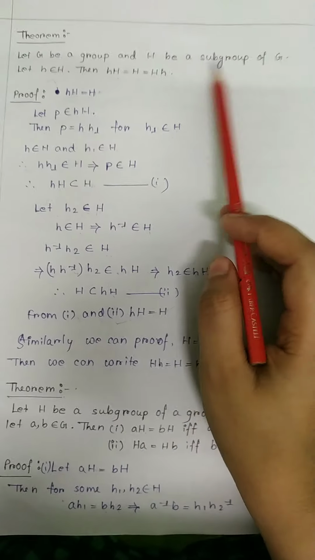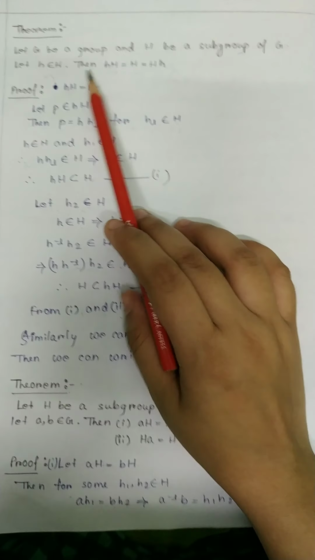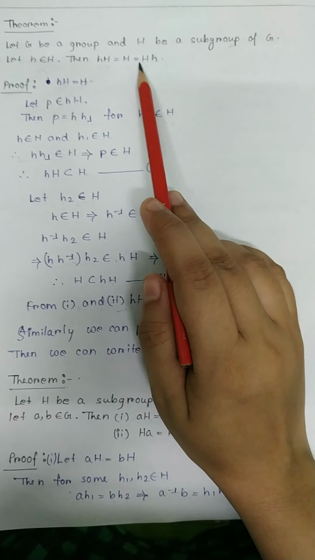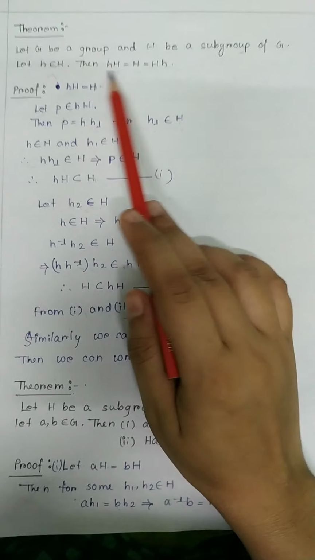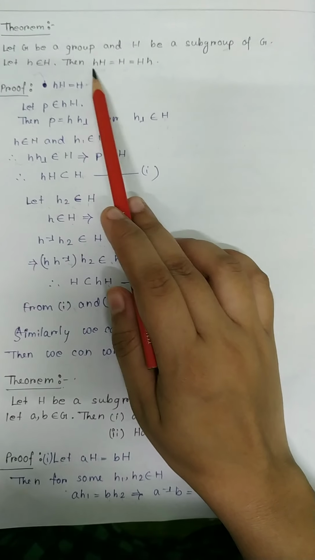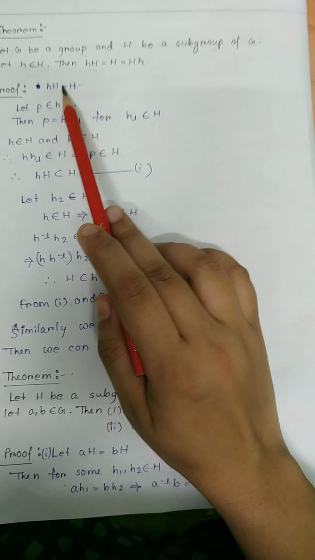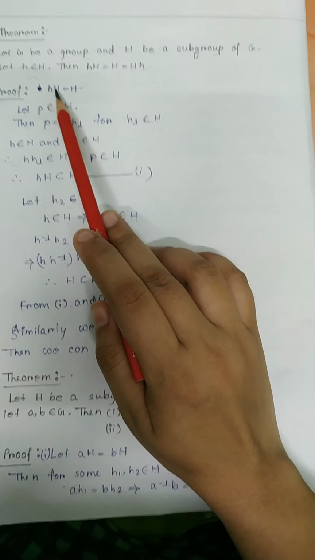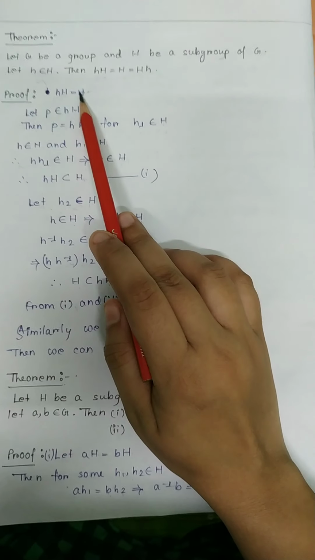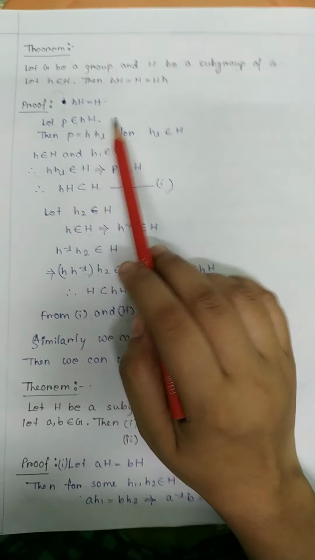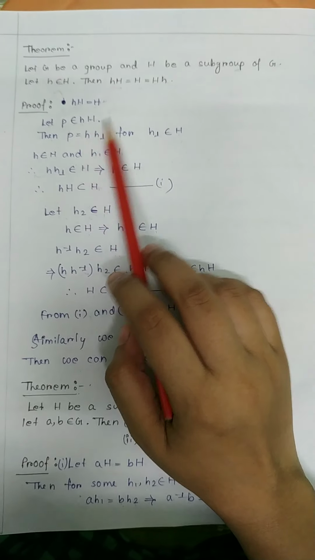First theorem. Let G be a group and H be a subgroup of G. Let h belong to H, then hH = H = Hh. We first prove that hH = H. We prove hH is a subset of H and H is a subset of hH. Let p belong to hH.